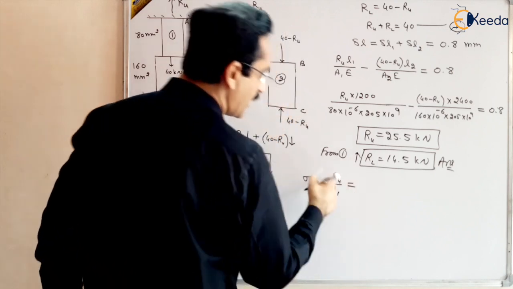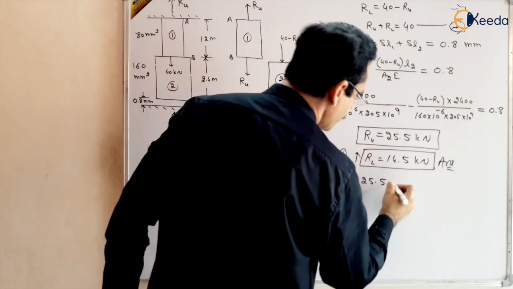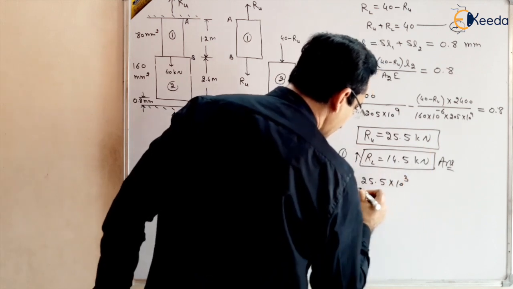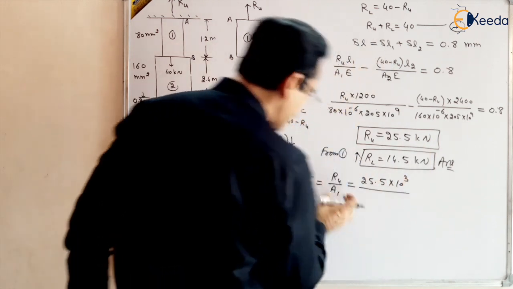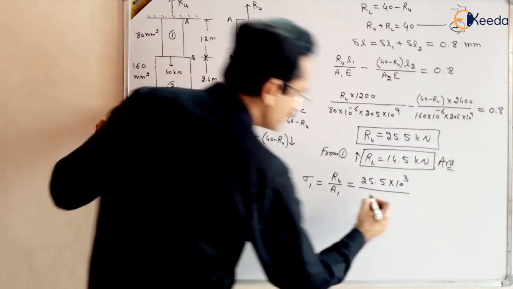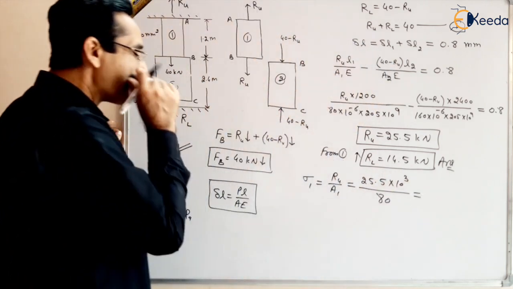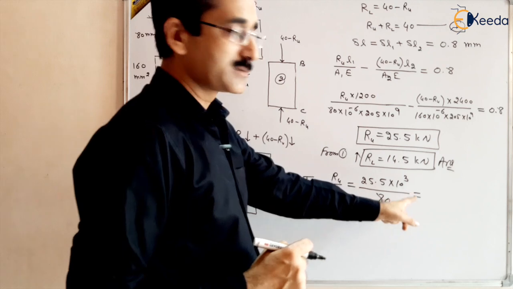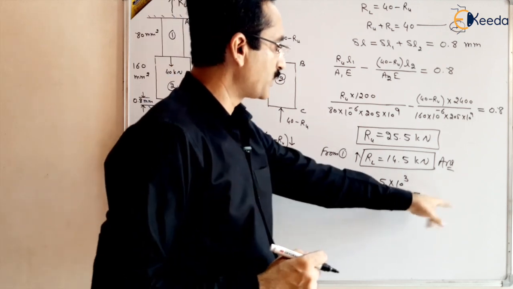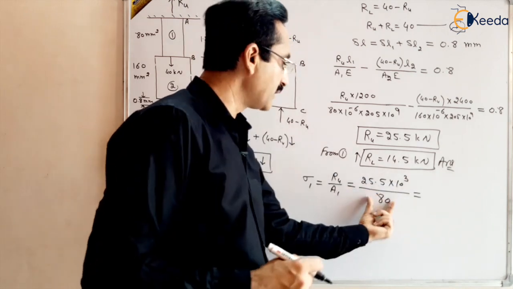This will be Ru, which we have already obtained, 25.5 kilonewton, divided by the area, which is given as 80 millimeter square. If we use 80 directly, the answer will come directly in megapascal, because millimeter square is 10 power minus 6 meter square, and 10 power 6 goes in the numerator and becomes megapascal. So we are writing 80 only.